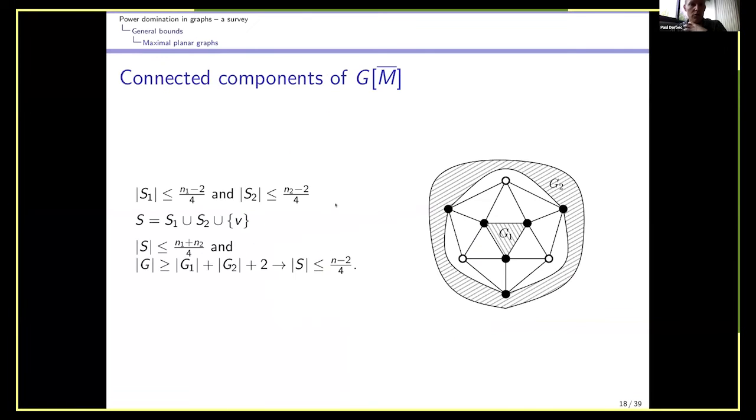And now the computation is nice because I said I have (n1-2)/4 in G1 and (n2-2)/4 in G2. So I have my 2 sets. My new set of vertices is completed by one vertex. So I have a set S, which is at most (n1-2)/4 plus (n2-2)/4 plus 1, which is equal to (n1+n2-2)/4.